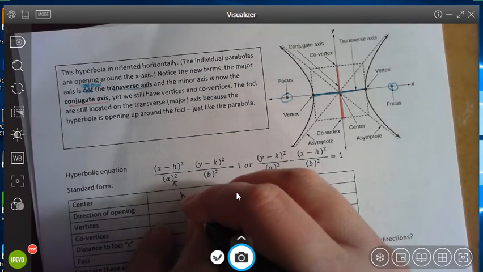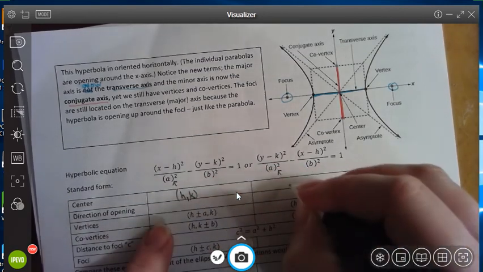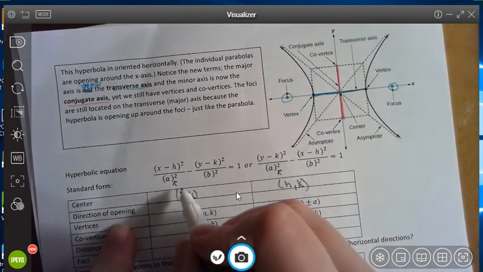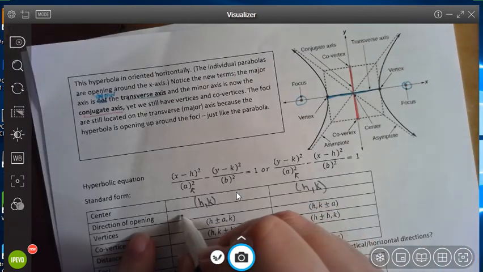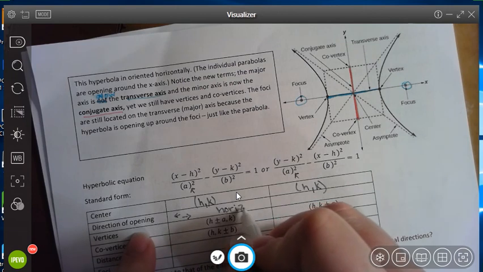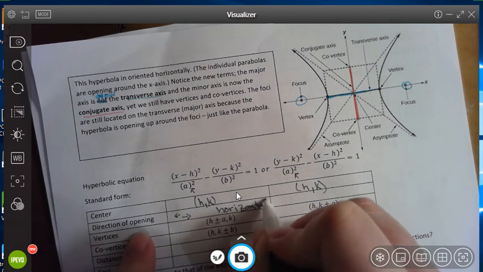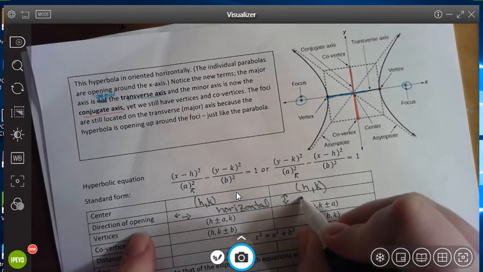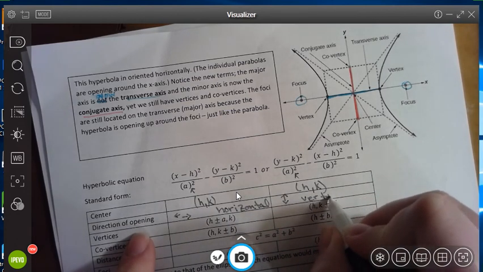So the center is (h, k) for both of them. The direction of opening here, because it starts with an x, is left to right. So that's horizontal. The direction here is like the y-axis, up and down, so it's vertical.